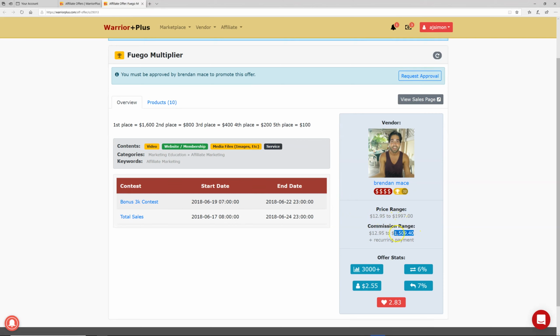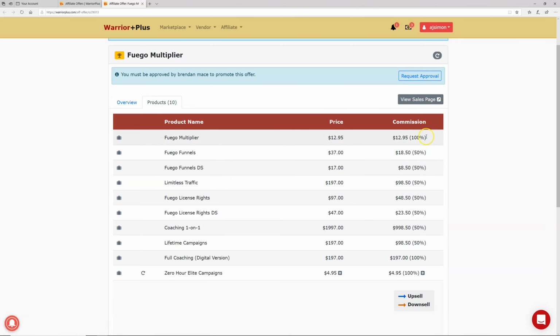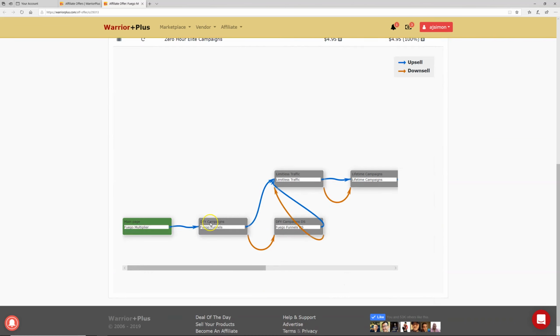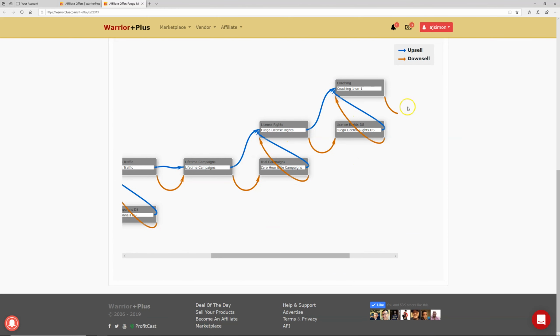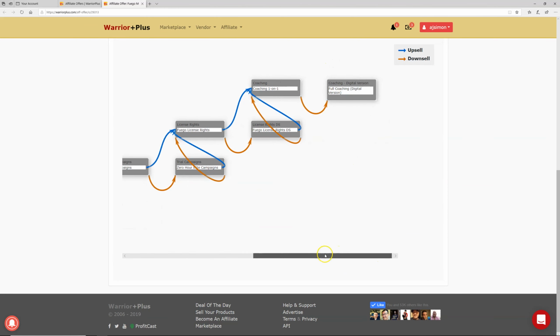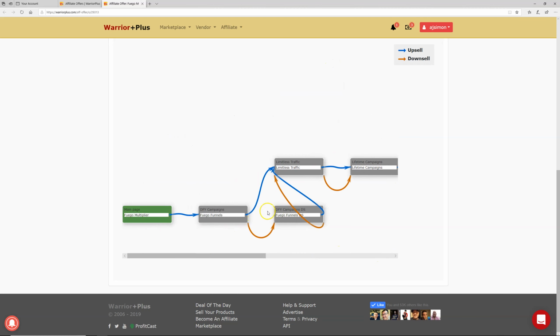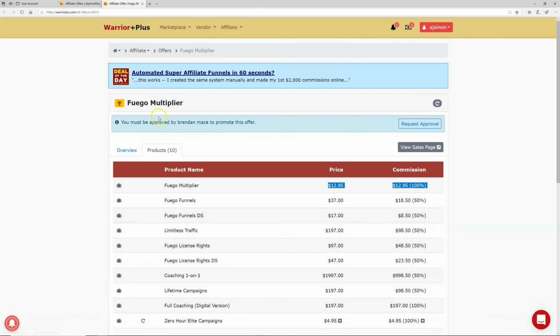All at $1,500 range. That's perfect. Recurring payment also. And if you look here, oh yeah, 100%, 50 all the way down. That's perfect. And if you look at the funnel, no and yes, no and yes, no and yes. See, that's good. I would promote this. That's what you want to look for when you're finding offers to promote.